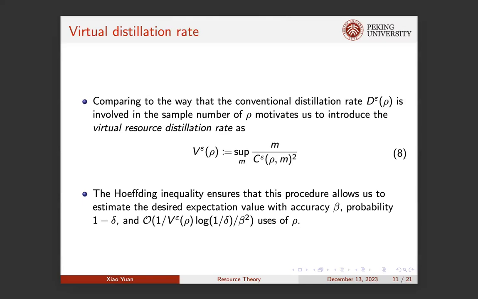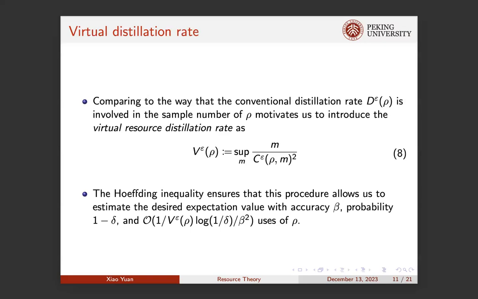For example, we can prove based on the Hoeffding inequality, and suppose we want to obtain the virtually distilled outcome to accuracy beta with probability 1 minus delta, then the number of copies of rho we need is this one. Here this part is the conventional part, and the 1 over rate part depends on how efficiently you can obtain the state.